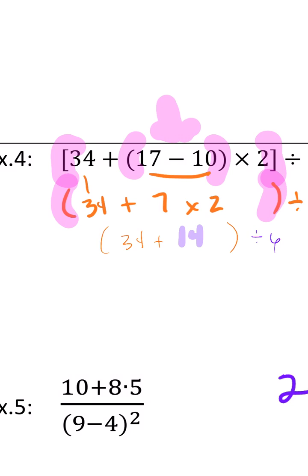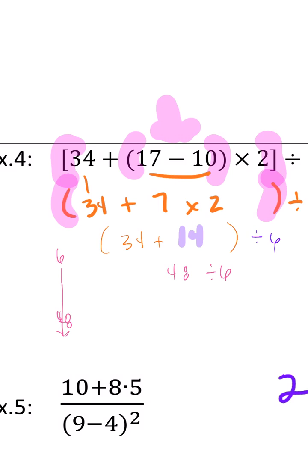And when I look, I'm going to see that 34 plus 14 is 48 divided by 6. And now you just go to your multiplication table, look down that 6 column until you get to 48.